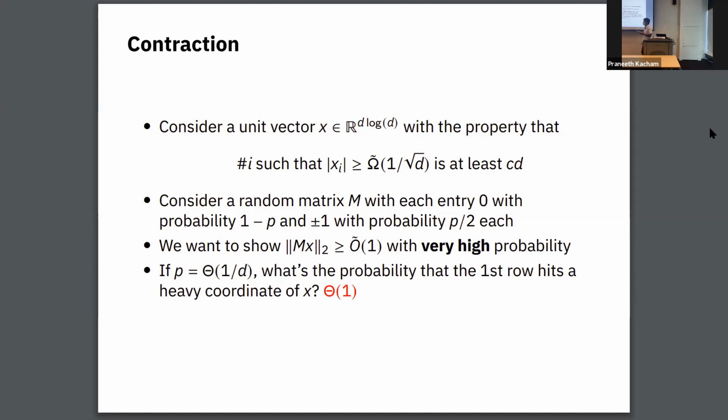With at least a constant probability, M will have a non-zero coordinate there, because I am setting it to be non-zero with probability theta 1 over d, and I have CD positions. And suppose M1, the first row of M, hits the vector x, that is, has a non-zero coordinate at one of the large positions. How large would the contribution of M1 x squared be?